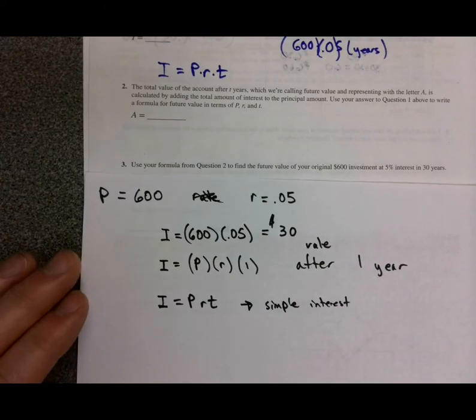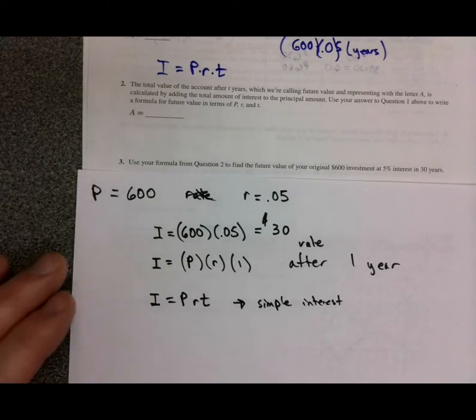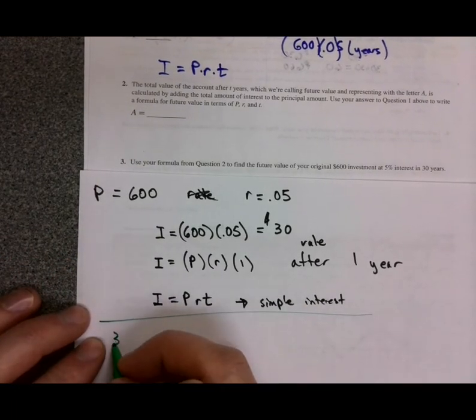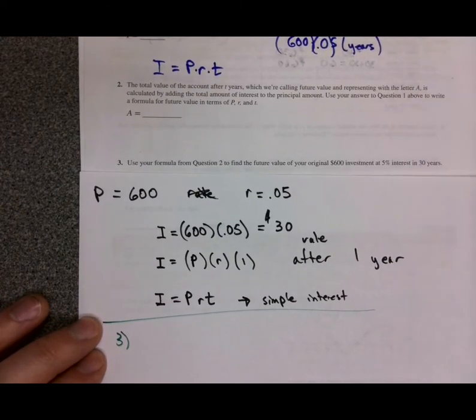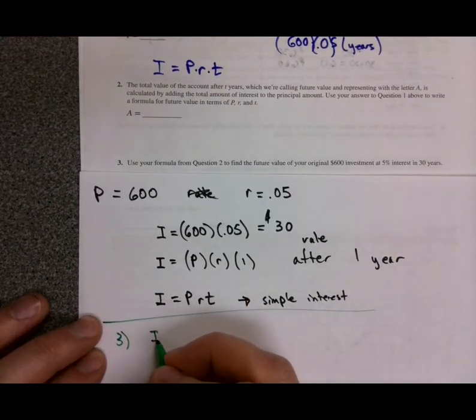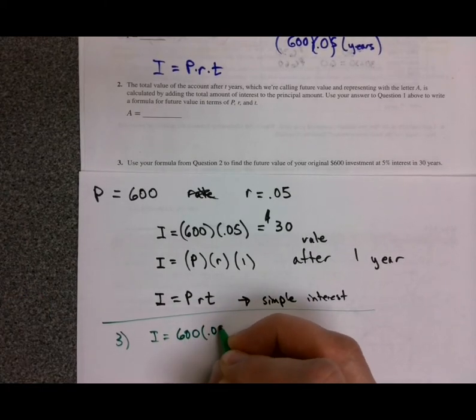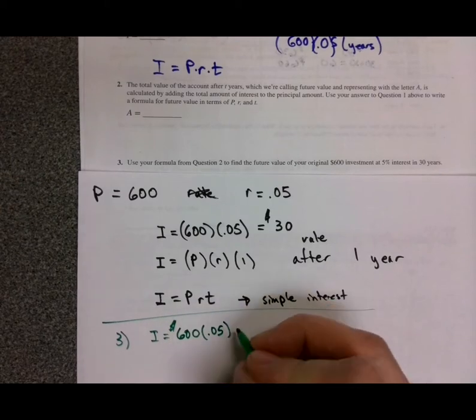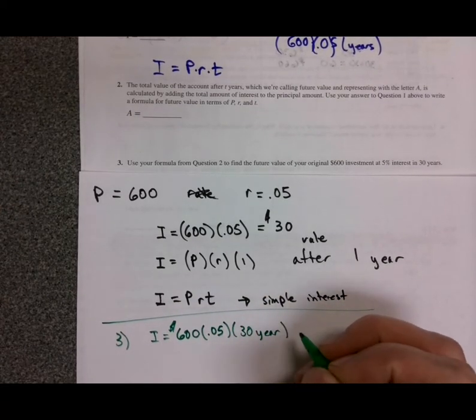We can use this formula to answer question 3. We kind of already did this before when we noted there was a linear relationship. In question 3, we're asked to calculate the amount of interest we would earn in 30 years. Well, if we just use this simple formula, our P was $600, our interest rate was 0.05 or 5%, and we're now going to calculate this for a 30-year period.